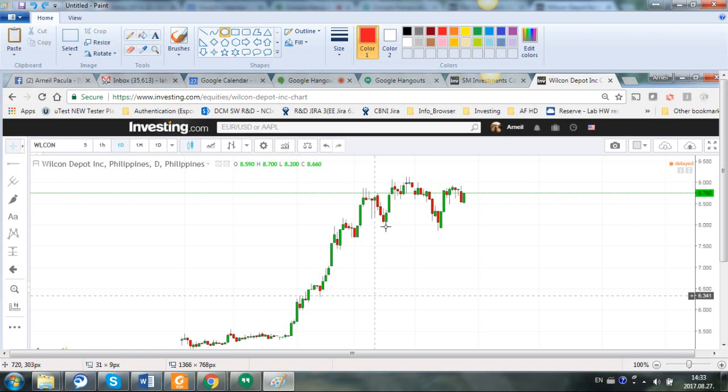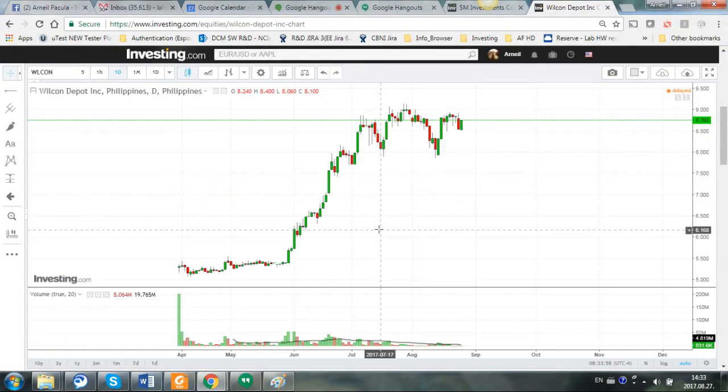Wick yung long line below the body of the candlestick. So the end of that wick and the end of that wick is a common point. Therefore, it's a support line. So we just connect them together.